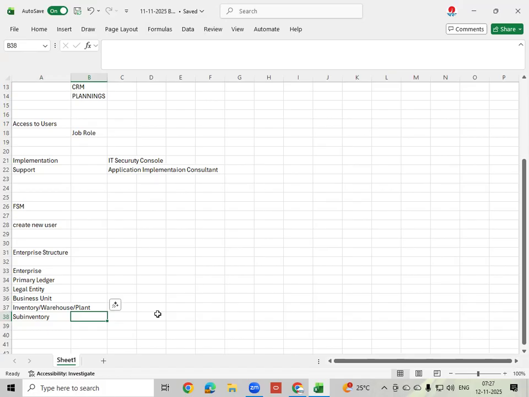In another place, I'll maintain another stock. Another place means it will not be much distance. Side by side also, I'll maintain the stock separately. So in this place, I'll maintain raw material stock. In this place, I'll maintain finished goods stock. So I say it's a raw material sub inventory, it's a finished goods sub inventory.